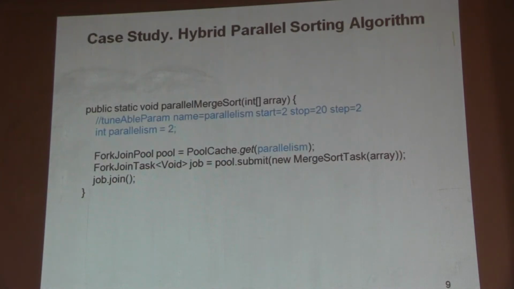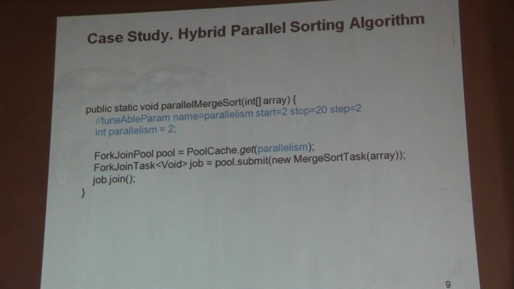And some small example. Parallel sorting algorithm. The idea was not to implement the best performing algorithm, but to have some well-known example with multiple parameters to tune. So I took parallel merge sort.